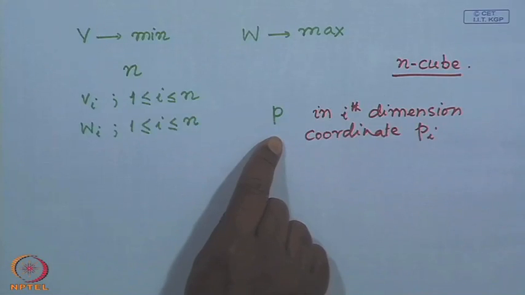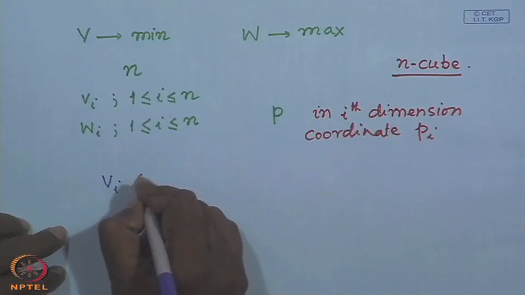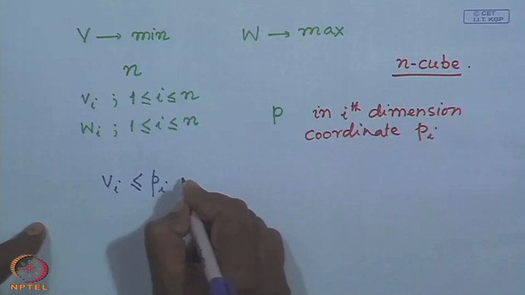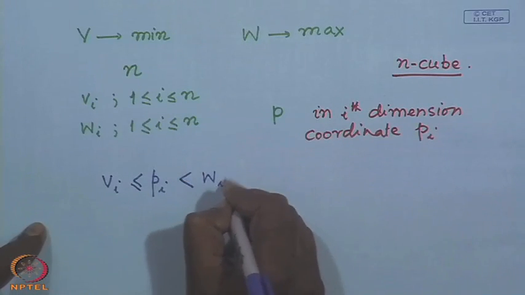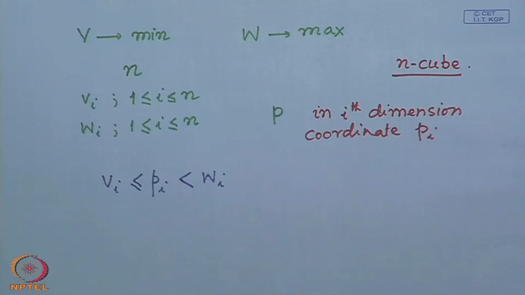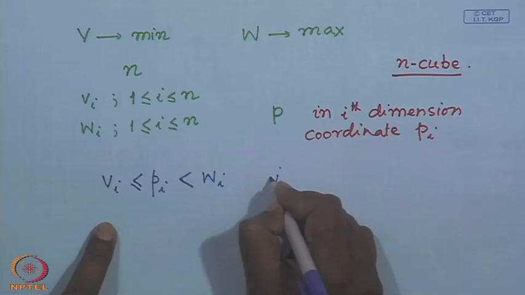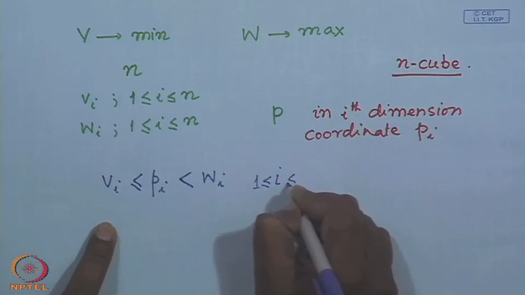If this P has to lie within the volume element or within the bin defined by V and W, I must have the condition that V_i must be less than or equal to P_i, the corresponding coordinate, which must be less than W_i. And this has to be satisfied for all i within 1 to n.